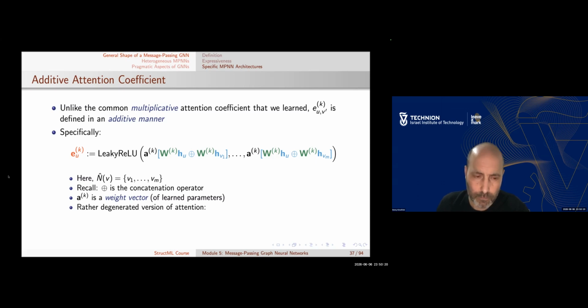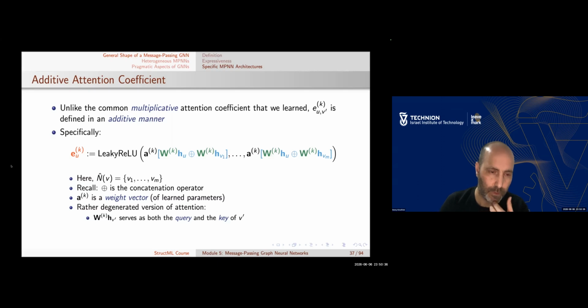It's a somewhat special, limited, or degenerate version of attention because W^k h_v', you can see here, is used both as the query and the key of v'. And also the weight matrix W^k is shared basically by the queries, keys, and values.